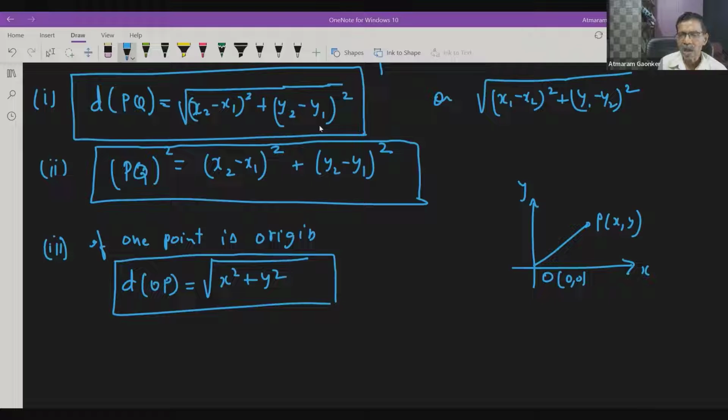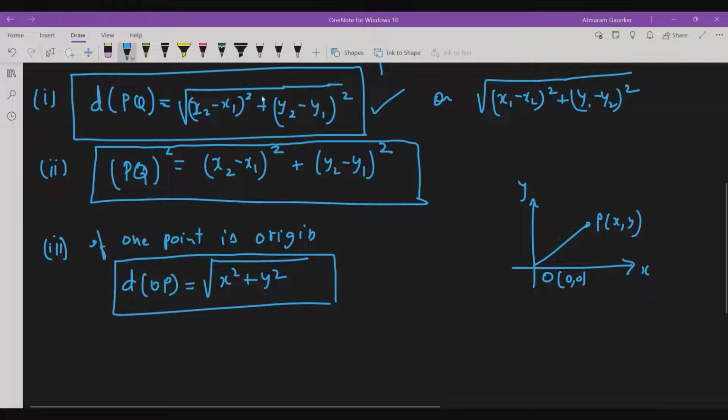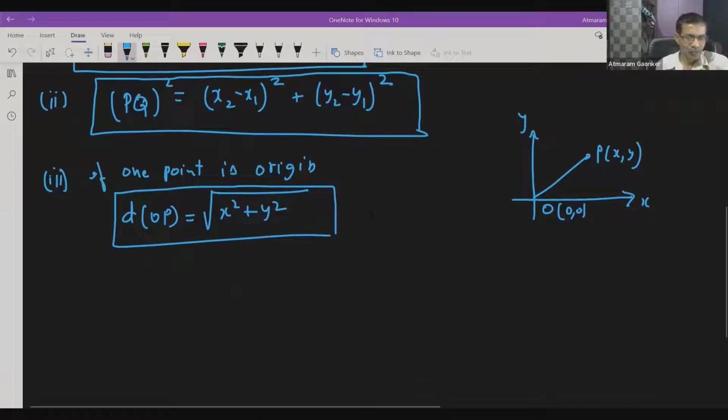Is it okay? Can you practice these formulas, write them 5 times, 10 times, again and again without looking, and come for the next class? I hope you will do this. At least the first formula. The others are sub-formulas of the first one. I hope you will do that.